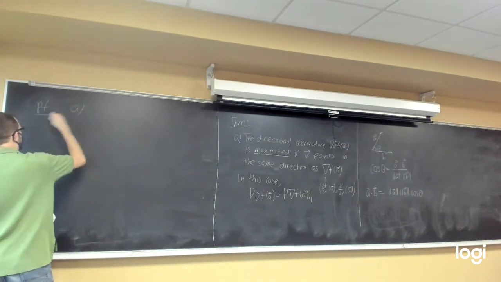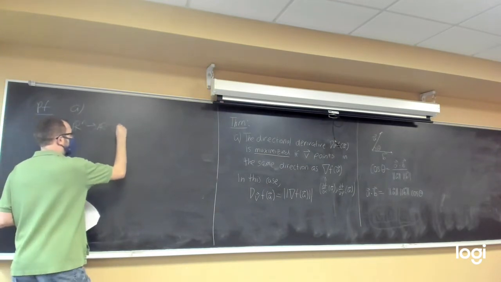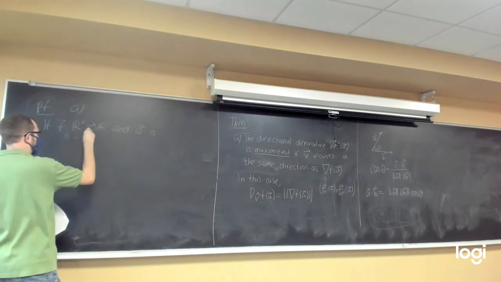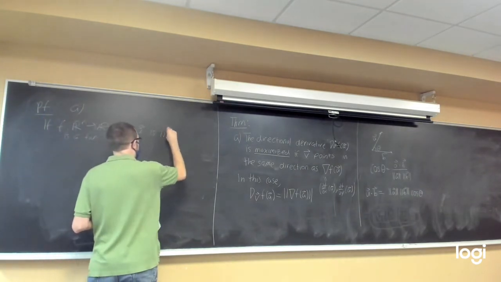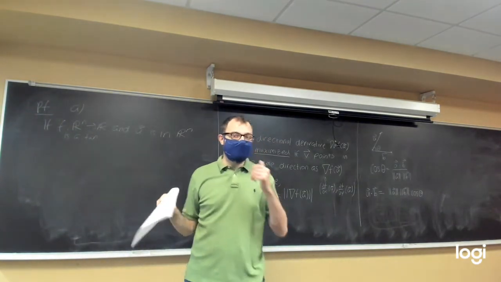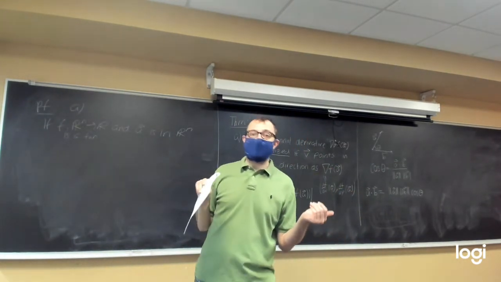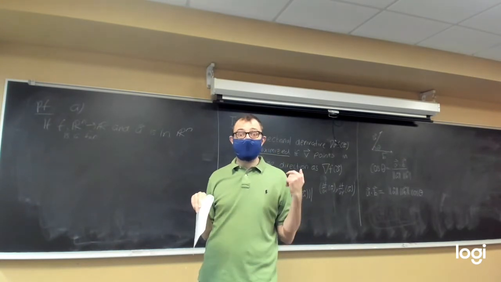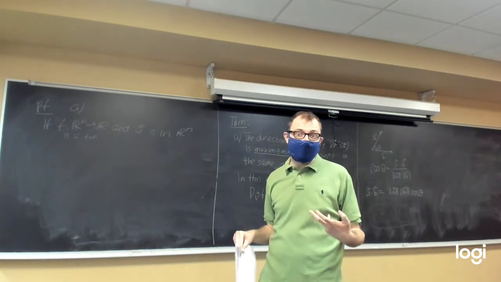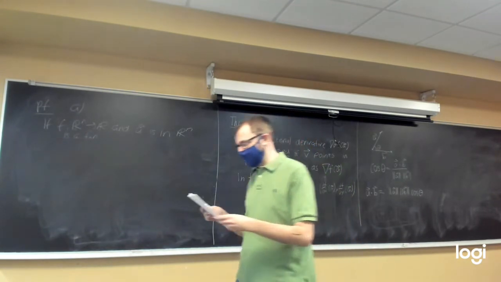This is a proof of A. If f is a function from Rn to R, and A is any point in Rn, we need to show that if we're standing on the surface of our function f at the point A, then the steepest direction that we can possibly walk in is if our direction vector v is parallel to the gradient vector, gradient of f evaluated at A. So that's what we're going to show.